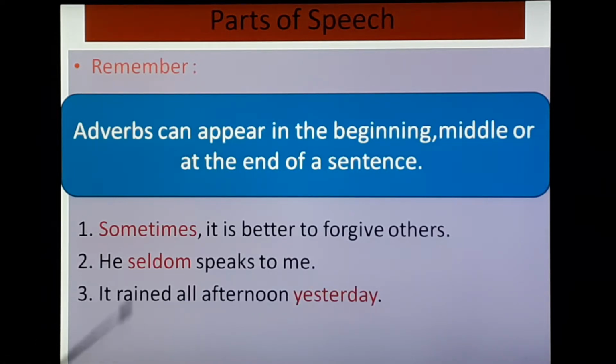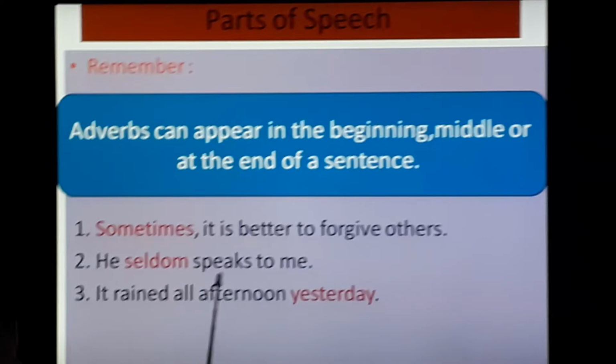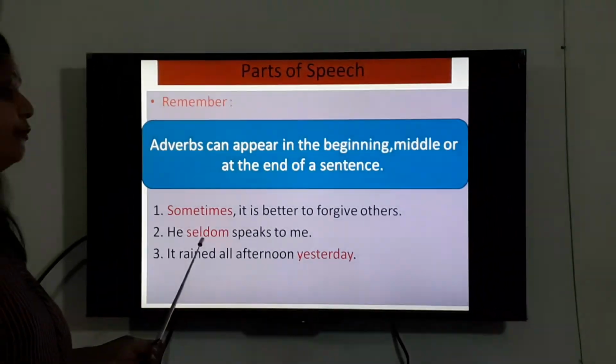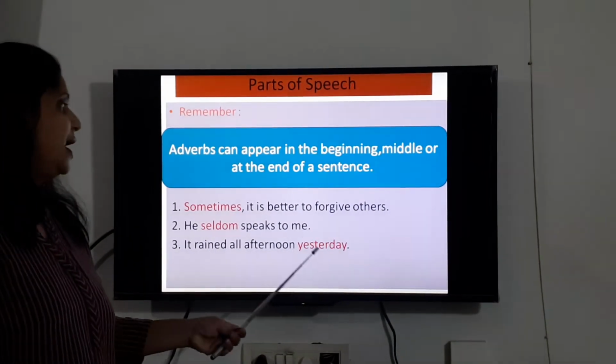Third one, it rained all afternoon yesterday. Here first you have to find out where the verb is. Here rained, that is the verb. According to the definition, a word which adds something to the meaning of a verb is called an adverb.